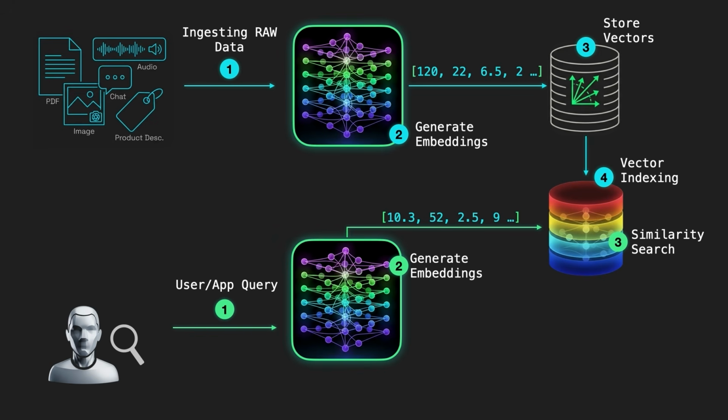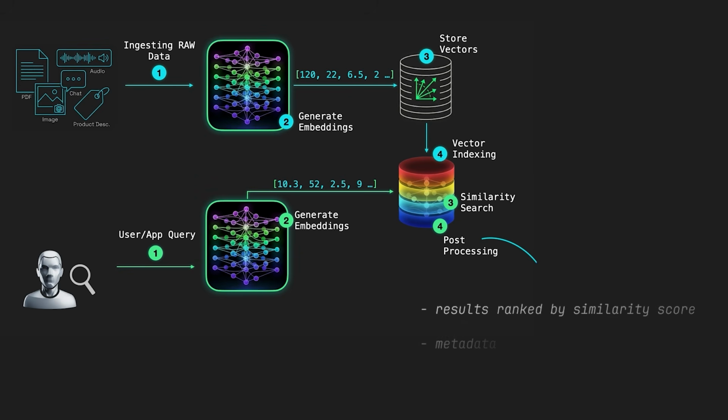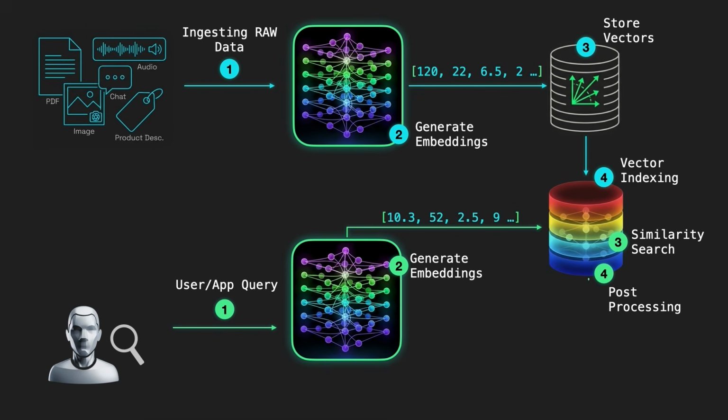And once the nearest neighbors are found, in the post-processing stage, the results are ranked by similarity score, and then metadata filters are applied if needed. And finally, the top k most relevant results are returned.